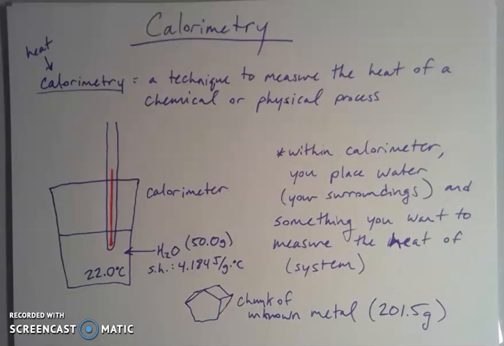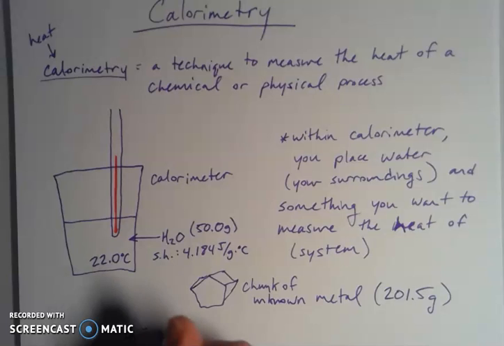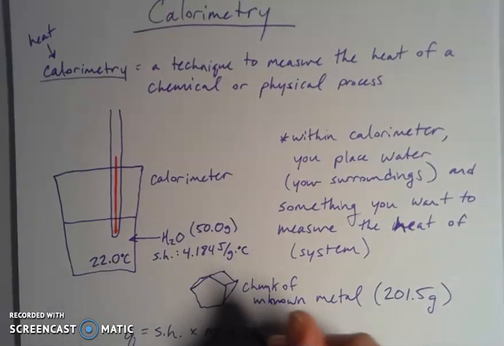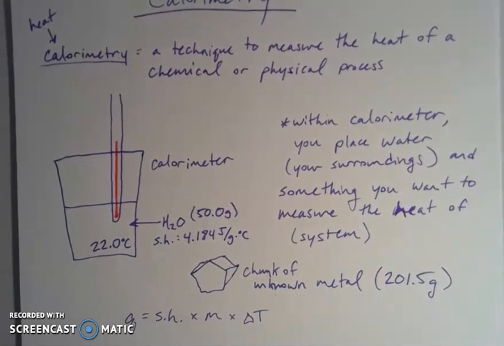So now if I have a temperature change, I can calculate the heat of a reaction. That's the key to all of this, this equation here: Q is equal to the specific heat times the mass times the change in temperature. So I have almost all of the key components to that with my calorimeter. I just need something that's going to change the temperature, and then I need to be able to relate those two items.